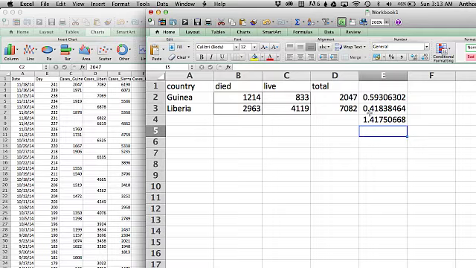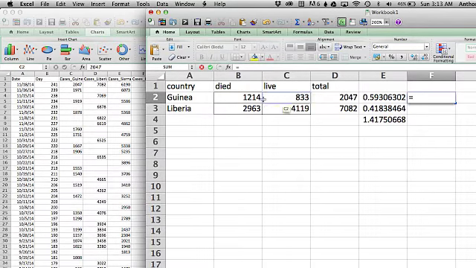If we're going to do the same thing with odds, the odds are going to be 1,214 divided by 833 for Guinea, and 2,963 divided by 4,119 for Liberia.